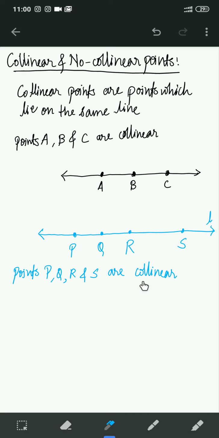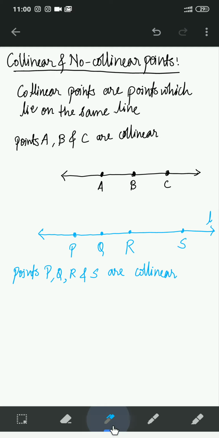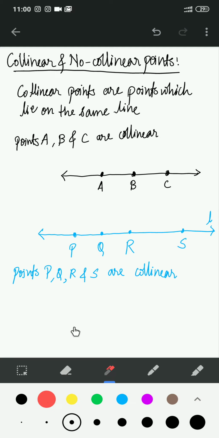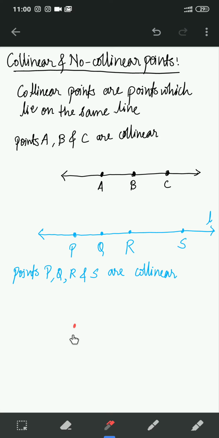Now what happens if the points do not lie on the same line? Then those points are called non-collinear points. Let's take an example of that. I have point A in red, point B, point C and this point D. If I now draw a line, it should be straight. As you can see, points A, B, C are collinear, but these 4 points A, B, C, D are not collinear.